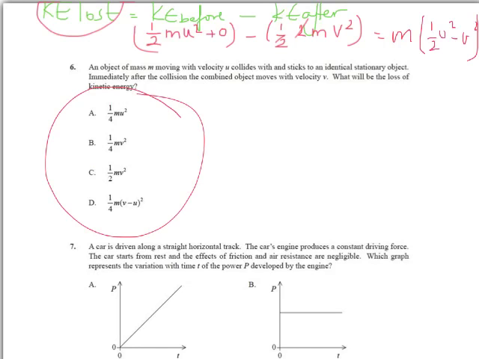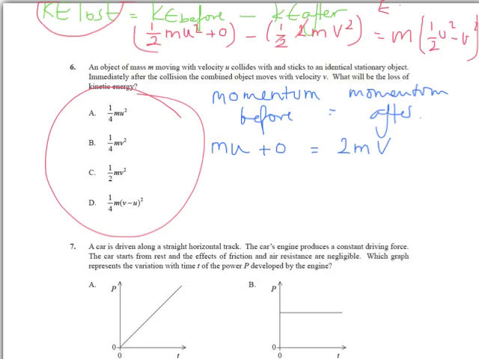What they want you to do is to combine the kinetic energy lost relationship with conservation of momentum. So you have to do 2 things now. Let's look at conservation of momentum. Using the conservation of momentum equation, momentum before equals momentum after, which is always true, we have the momentum of the first object, mu, plus 0, because that object has nothing, and then the total momentum after would be 2m v, because the 2 objects stick together.